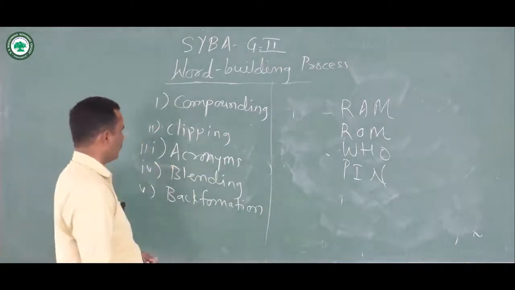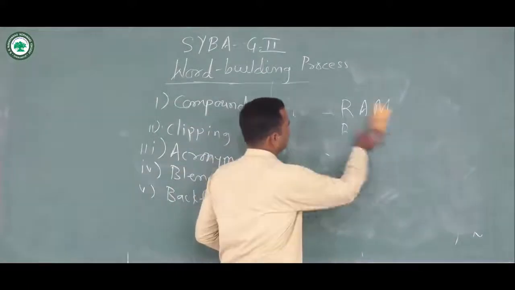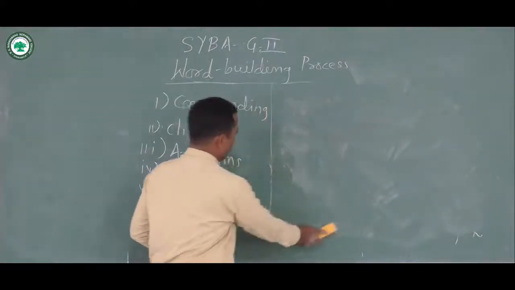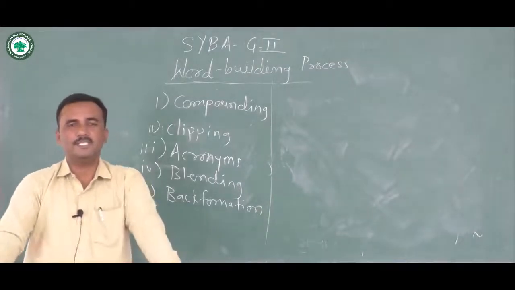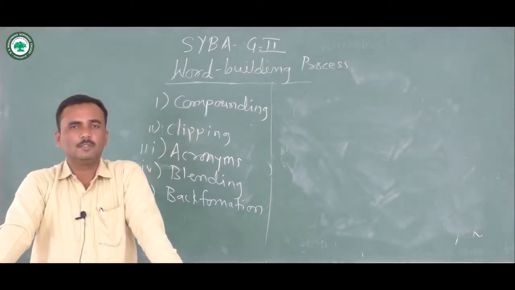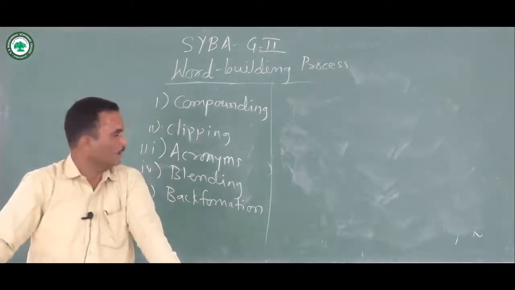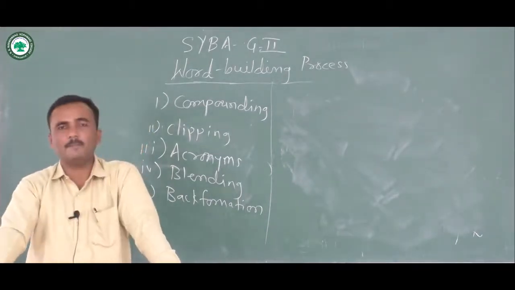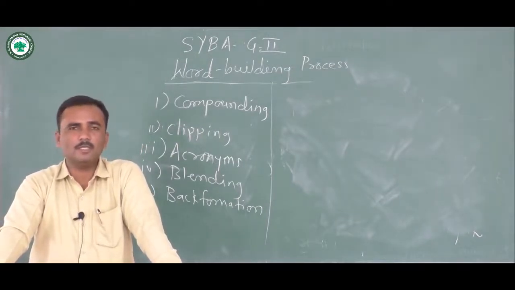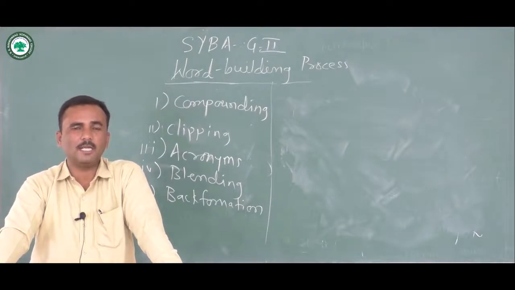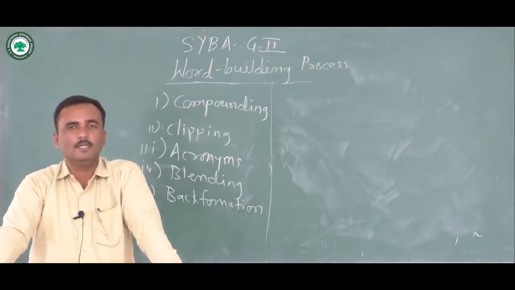The next process of word formation is blending. Blending is a sort of mixing together or bringing together two different words. Compounding is different from blending. In compounding, two different words are brought together and a new word is formed.